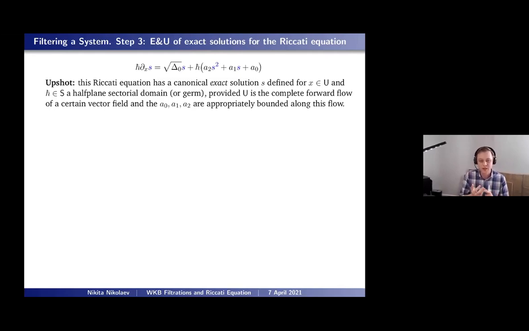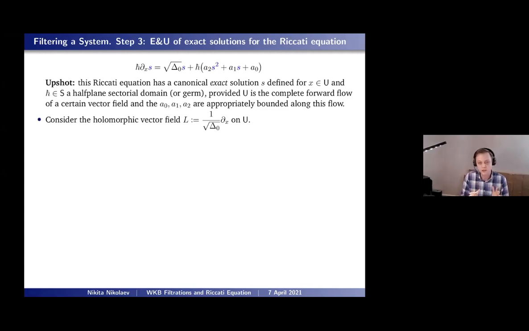One of them is on the geometric shape of U. It has to be complete under a flow of a certain vector field, and number two is that my equation needs to have some regularity with respect to this flow. So as I flow my system, in the limit of that flow, I need some boundedness. So let me walk you through that.